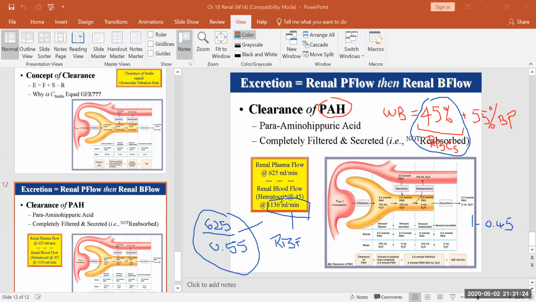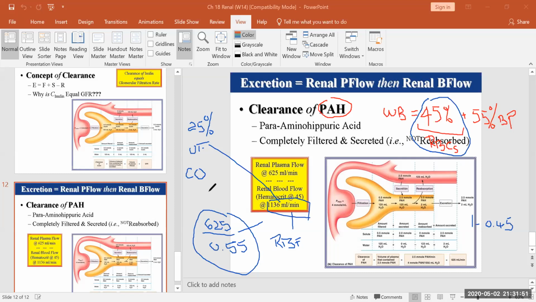And why is it important? It is important because it's around 25% of the cardiac output. So assuming it's around a quarter, 25% of the cardiac output goes to the kidneys, right?